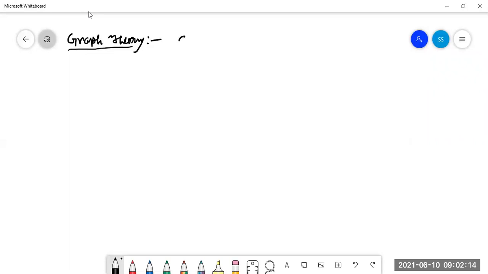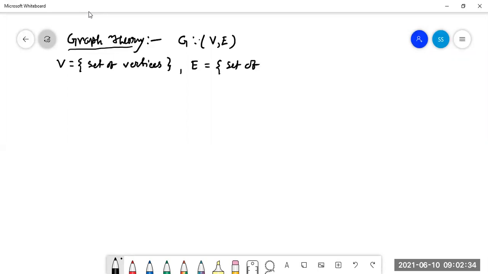If G is a graph, G consists of V and E. V is the set of vertices and E is the set of edges. Now look at here.